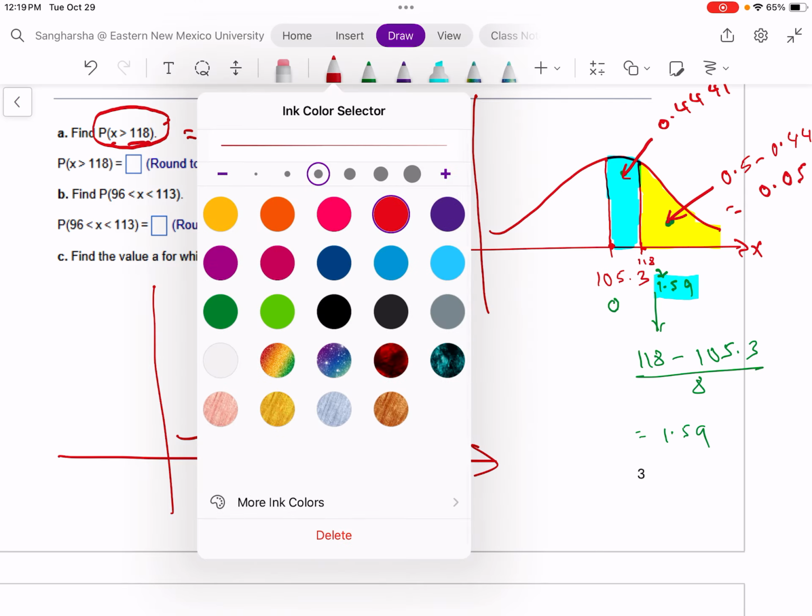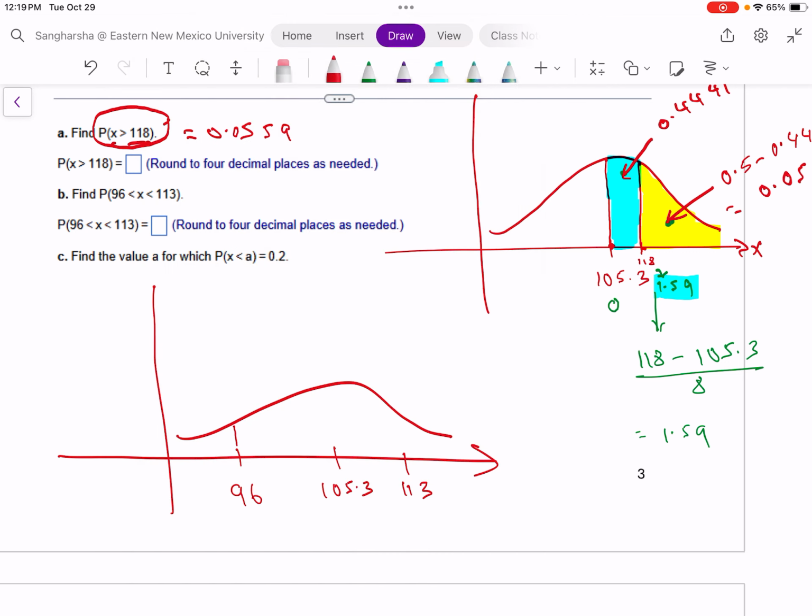And you are asked to find the area of this region. Can you all find the area of this region? You're going to use a Z table. Can you find this one?